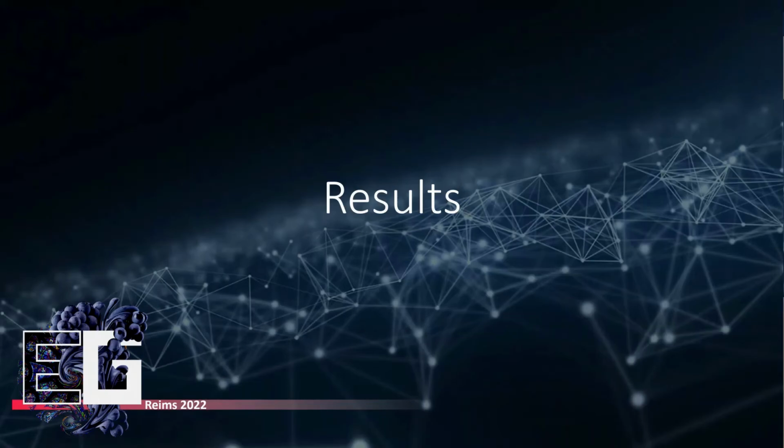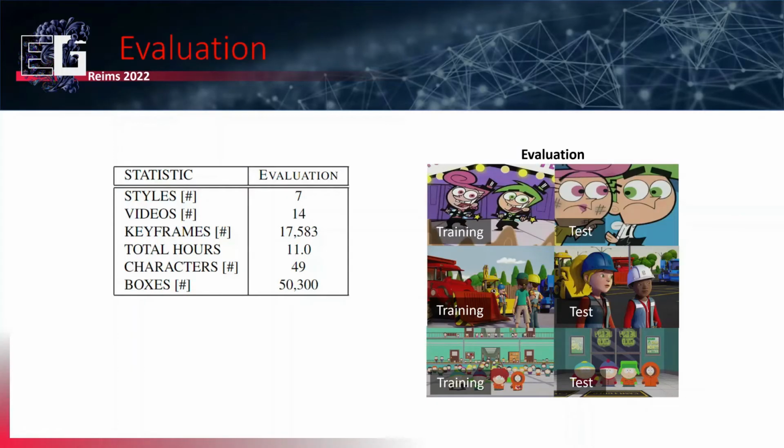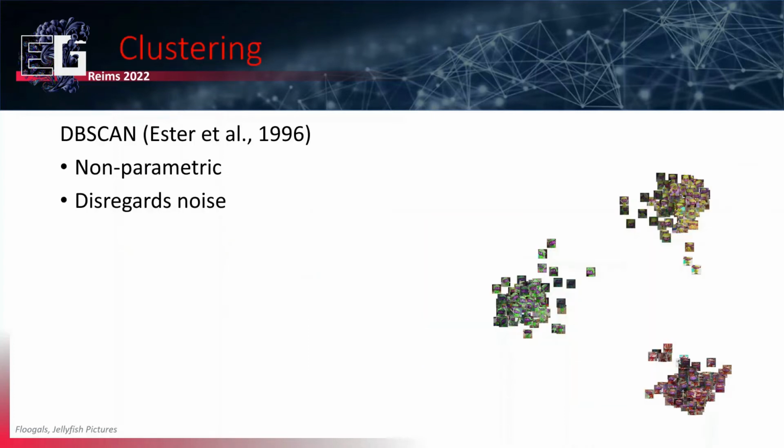Some results. For evaluation purposes, we've collected and labeled an evaluation dataset with 7 series, each having 2 episodes to train and test over 49 characters. The clustering algorithm that worked best for us was DBSCAN.